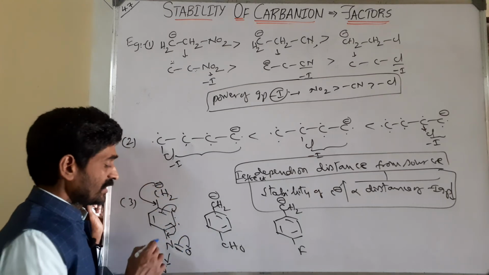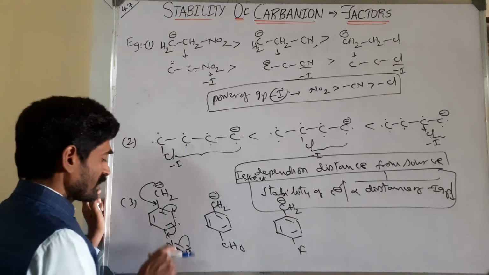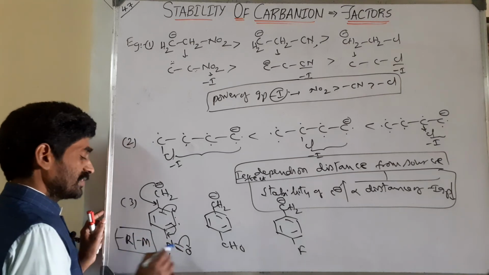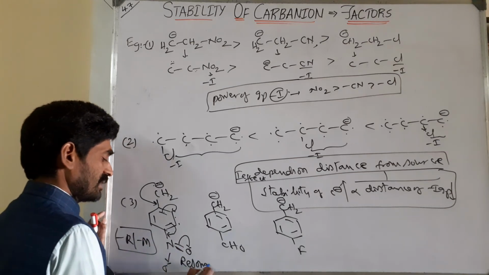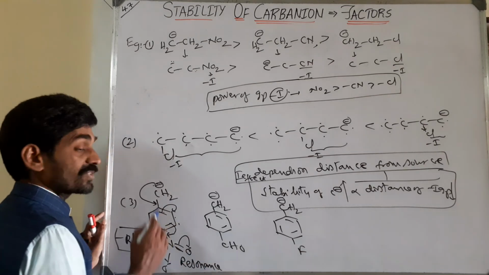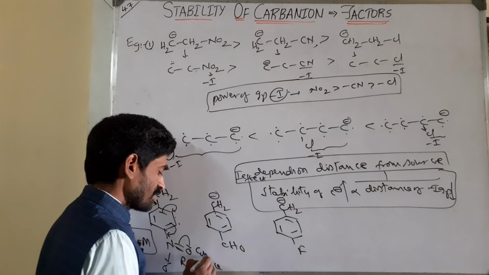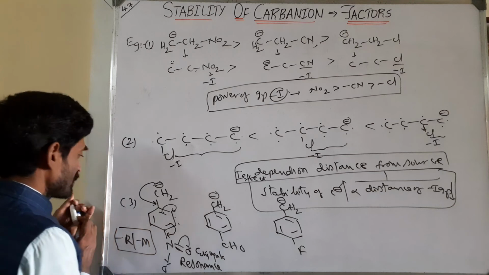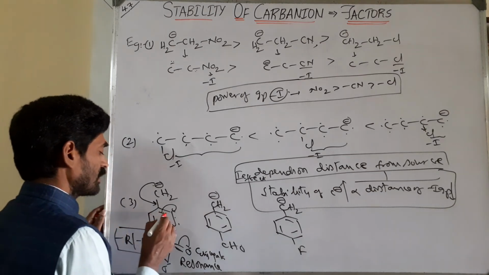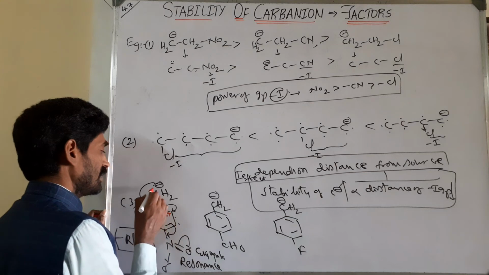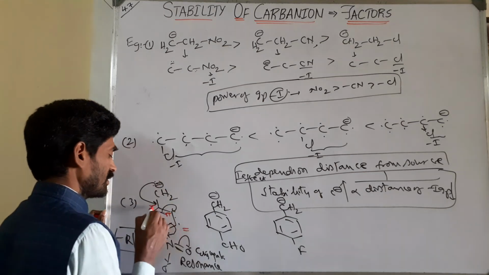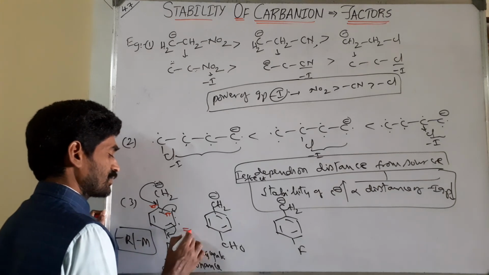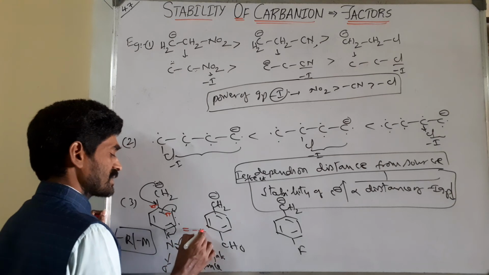It is a withdrawing group. Wherever resonance takes place, you have to consider the NO2 group as a minus R group or minus I group. Here the resonance effect takes place because conjugation is present: there is a pi bond, a sigma bond, and a negative charge, double bond, single bond, negative charge.